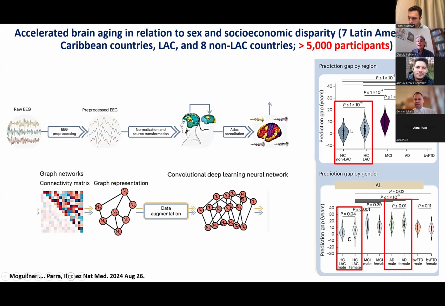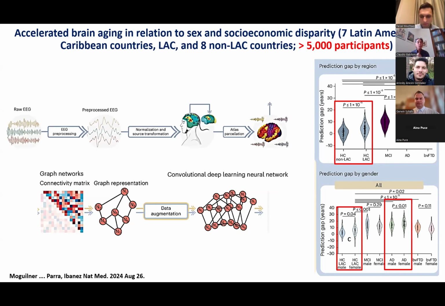And so the discovery is that if you see the upper graph, healthy control, non-Latin American countries, the prediction was, of course, fine. So the EEG and the machine learning tools were able to predict exactly the age of the person. But when they used this tool to predict the age in healthy control persons from Latin American and Caribbean countries, it appears that the machine added some years to these people.